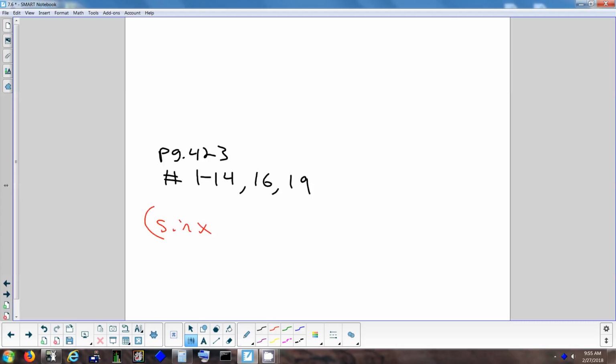Sine x minus 0.5, cosine x plus 0.3. They factored it for you. So they're starting you at the step where all the factoring has been done, and now you just have to go from here. Up till like number 12 or 13, they start you off. And then the last 3 problems, you got to do everything on your own, just like we did in class. So 1 through 14, 16, 19.